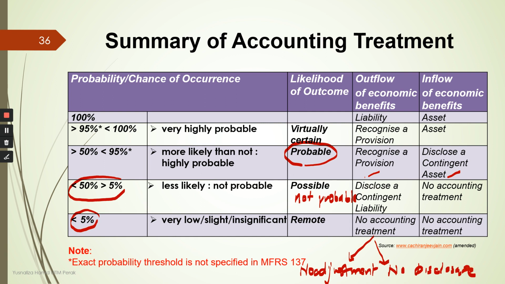That is the same for both inflow of economic benefits and outflow of economic benefits. So that sums up what we have in our accounting treatment for the three main sections of this MFRS.